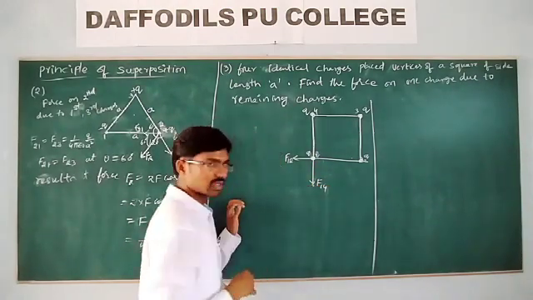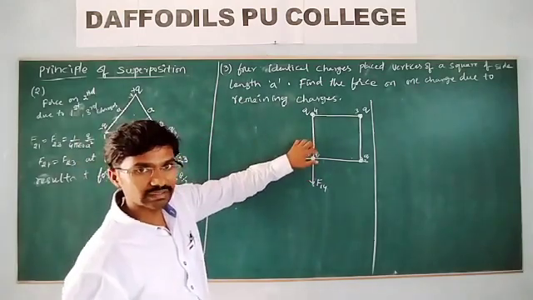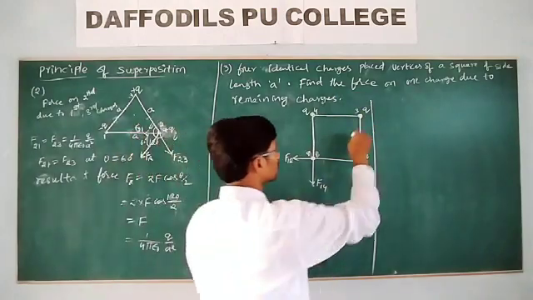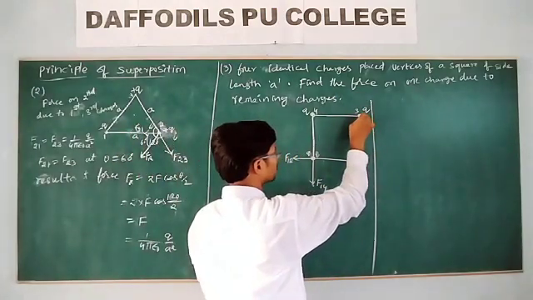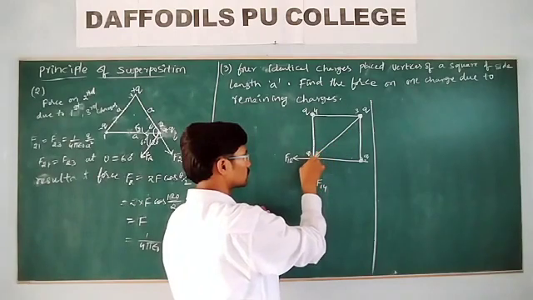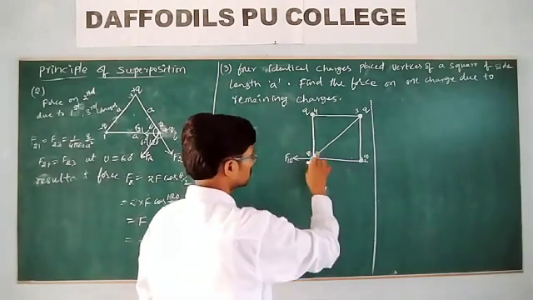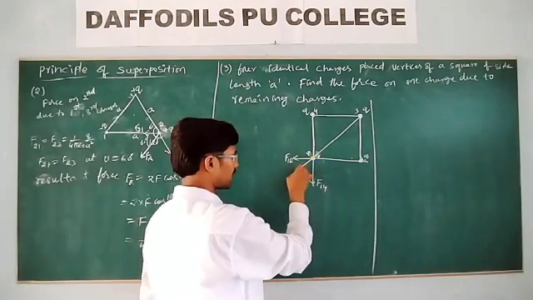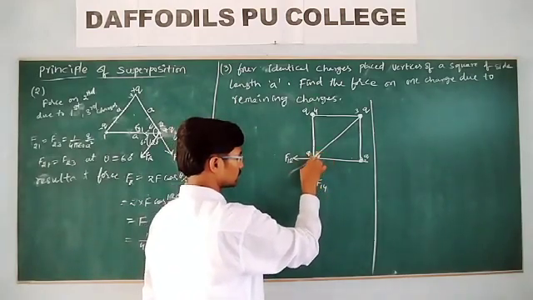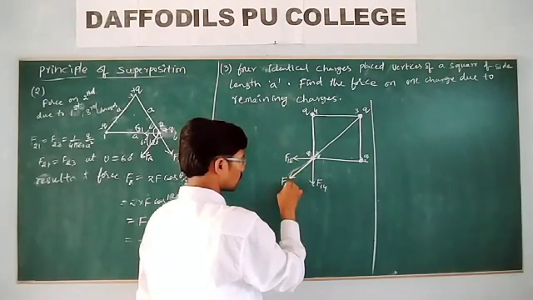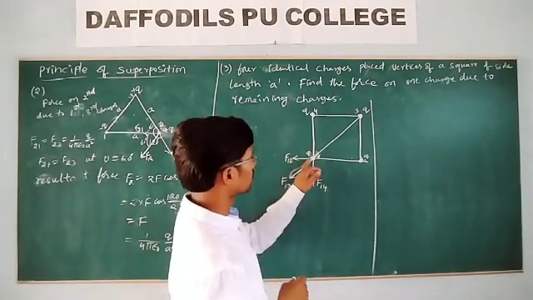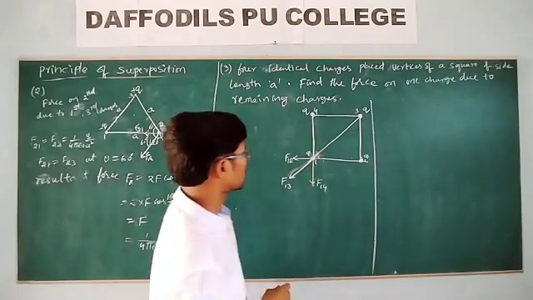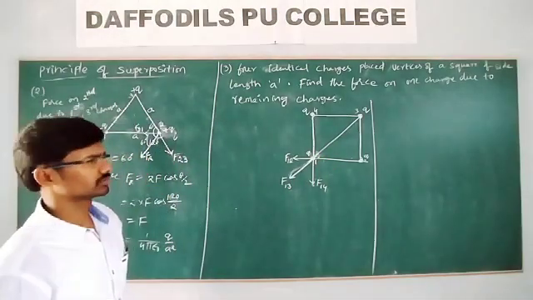But not only two charges, we have one more charge, 3, at the third vertex. The line joins charge 3 to charge 1. Now the direction of the force F13, the force acting on the first charge due to the third charge.